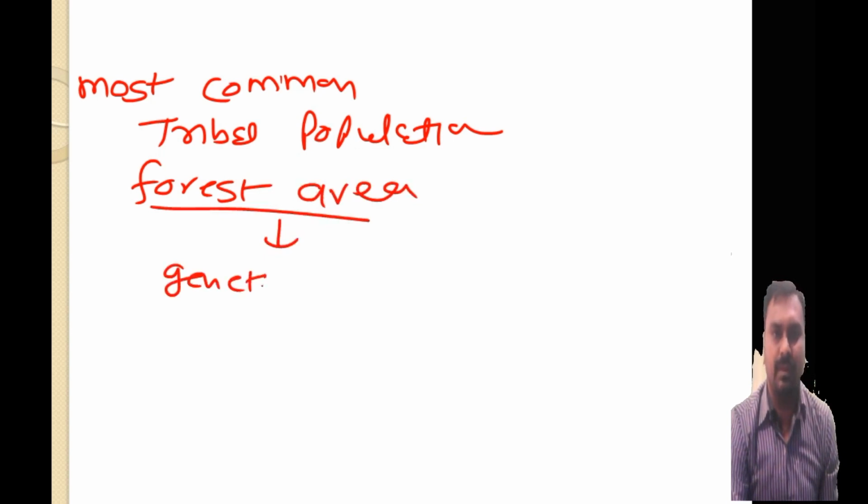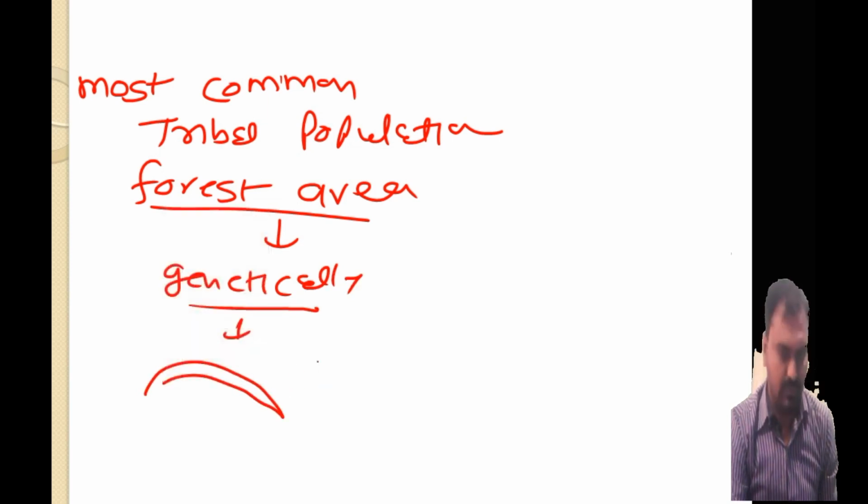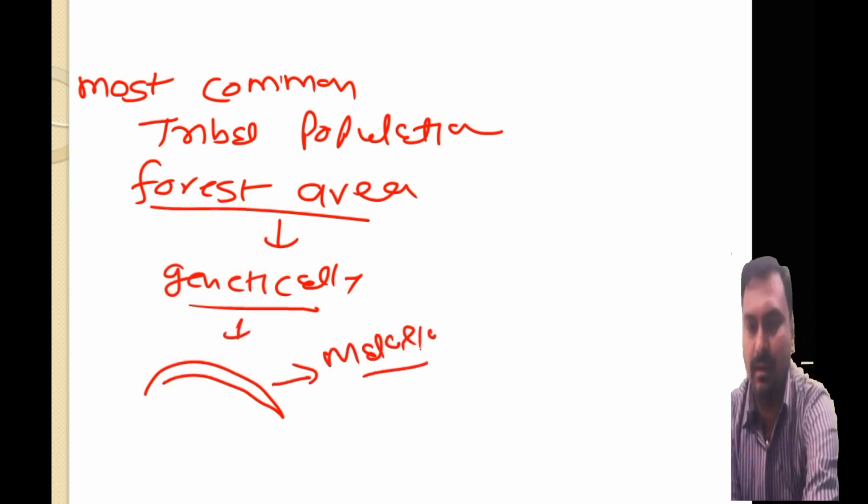Genetically, their RBC has turned to the sickle shape to give protection against malaria, where mosquitoes are more. We will see this in detail.